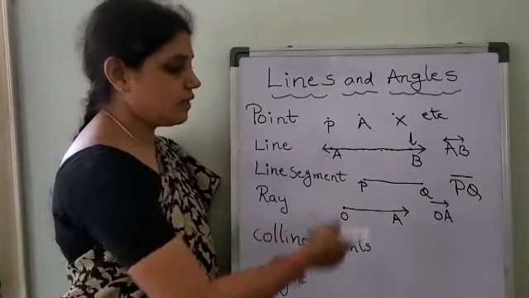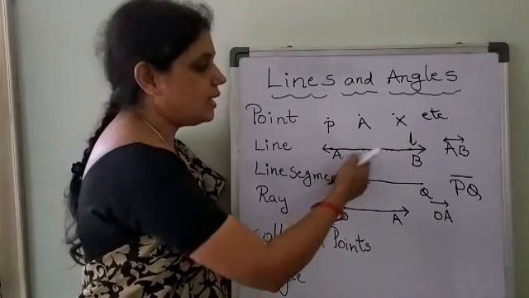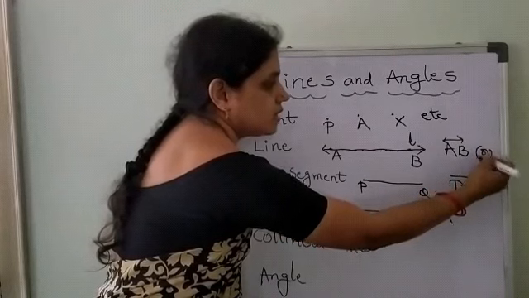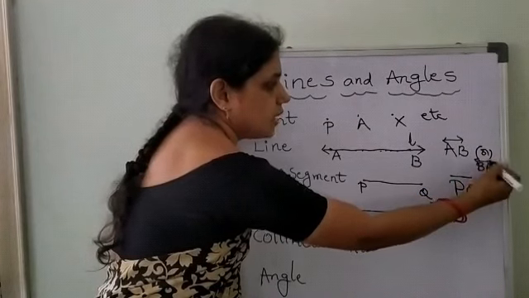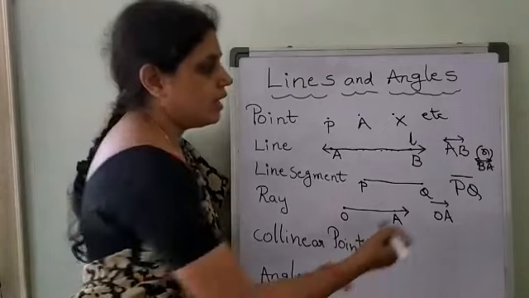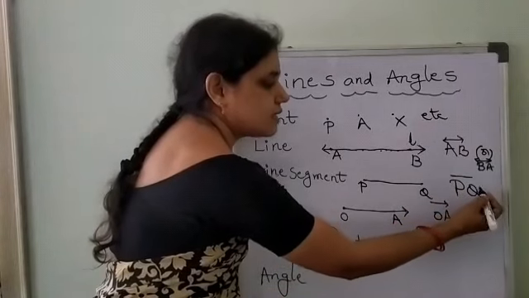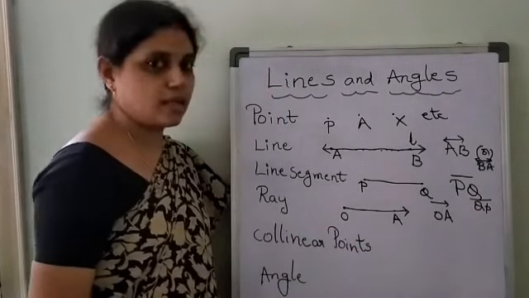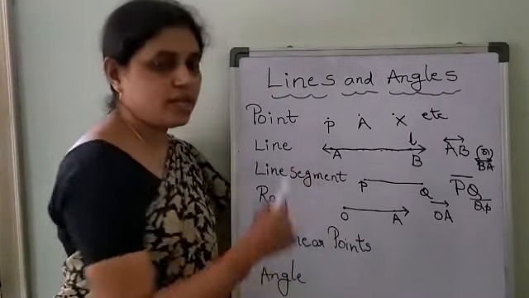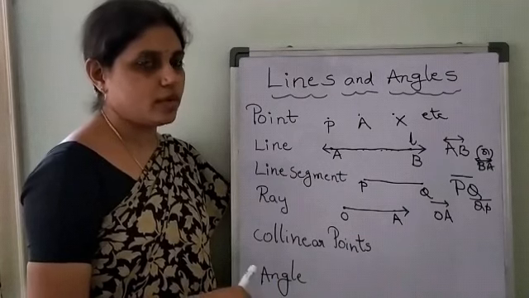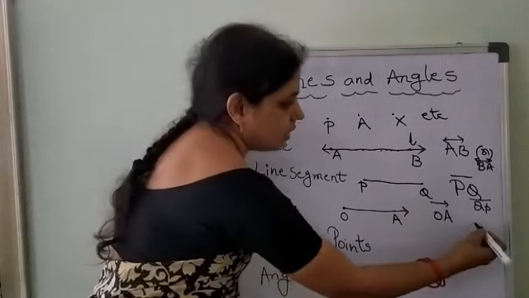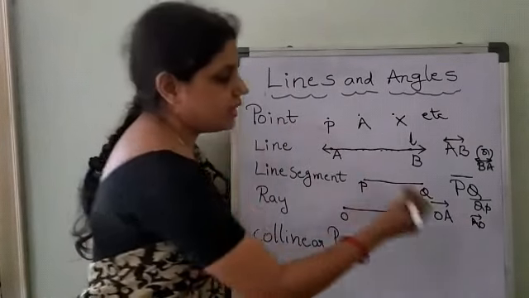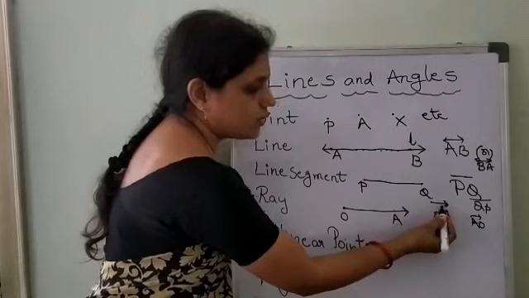Actually here one more point I want to tell you. Here line AB can be written as BA also. Both are same. Here PQ line segment is just equal to QP line segment. Both are same. Whereas here OA ray is not at all equal to AO ray. Why? Here in this direction we are showing the arrow mark.